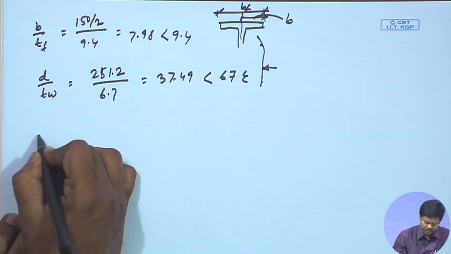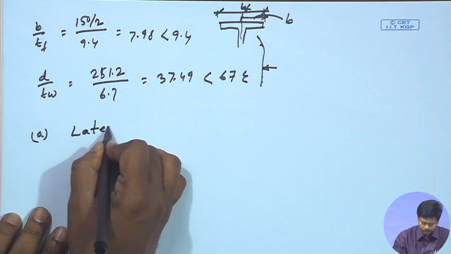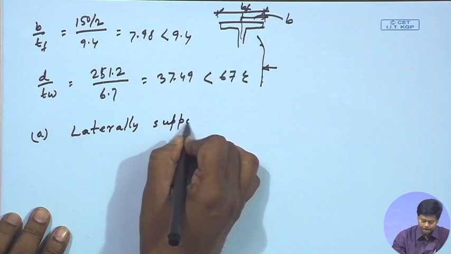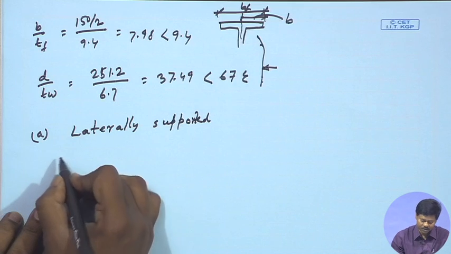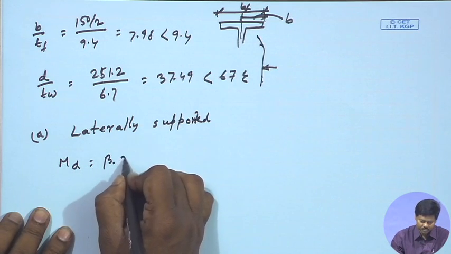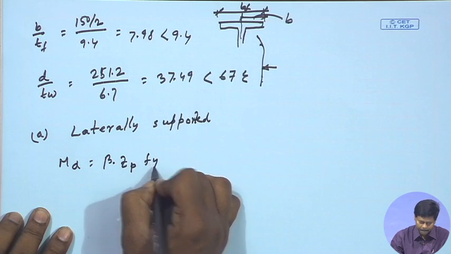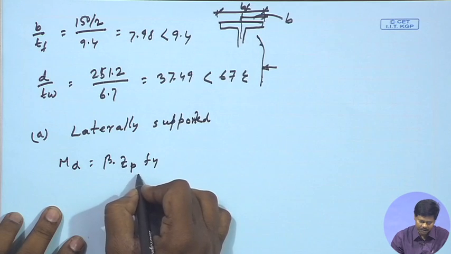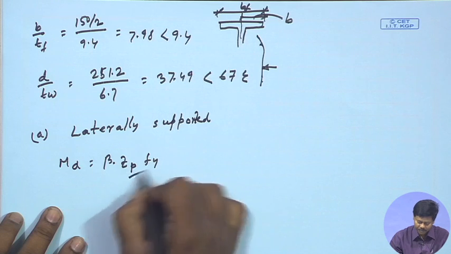So, now first we will consider the laterally supported beam. As it is low shear, we can simply find Md as beta B into Zp into Fy by gamma m0.